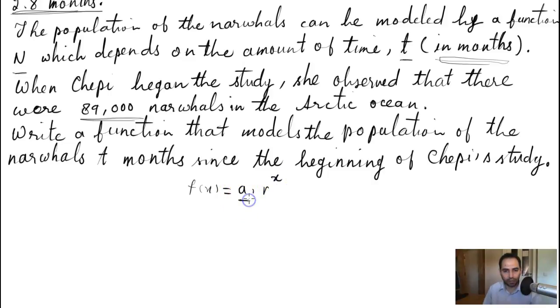A is your initial value, r is your common ratio, and x is your variable. Here you have a function n which depends on time, so I write this as n of t, and it's again a times r raised to the power t.